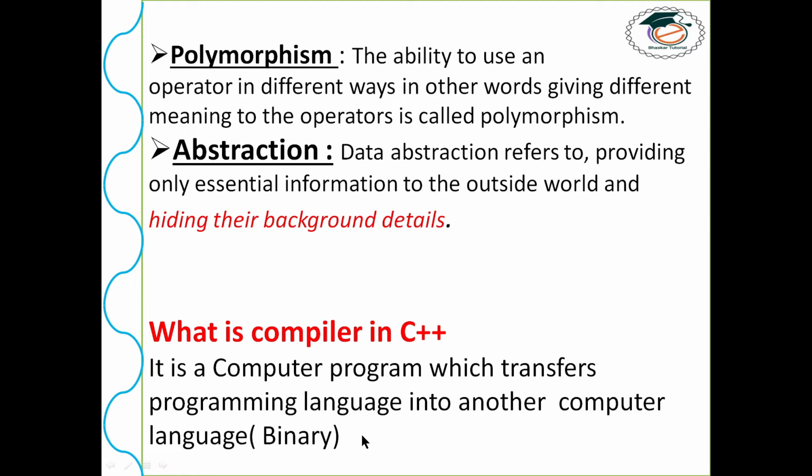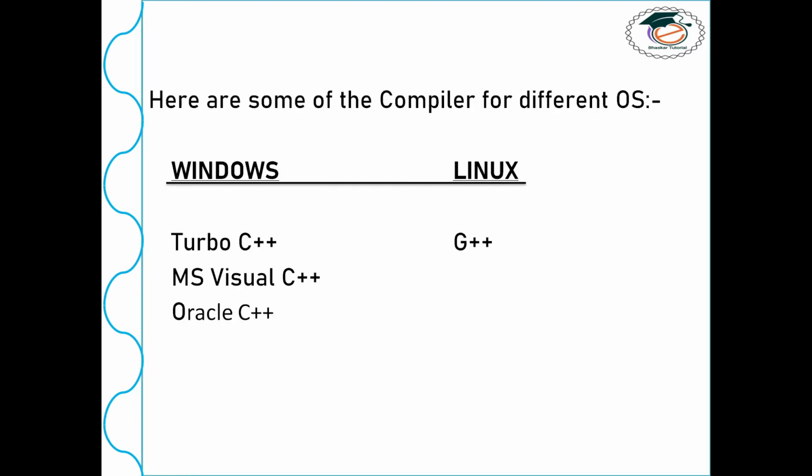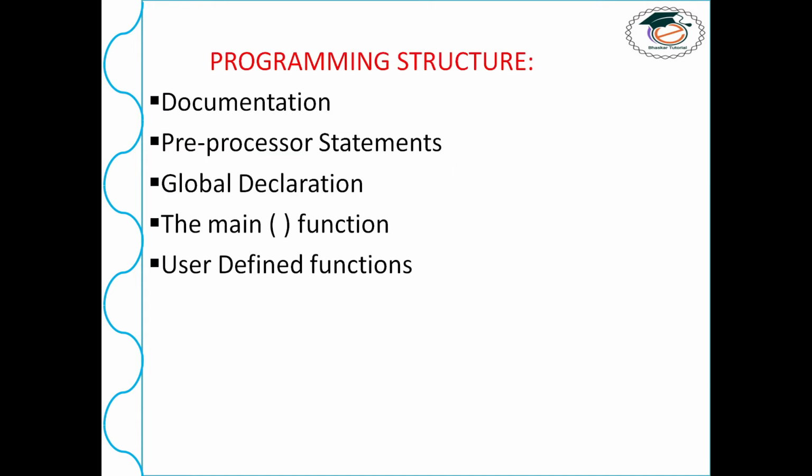The computer language is known as 0 and 1, or binary language. So here are some of the compilers of different operating systems. In Windows, you see Turbo C++, Microsoft Visual C++, Oracle C++, and in Linux, you see G++. These are the compilers of different OS.